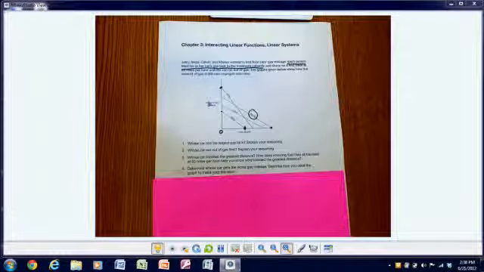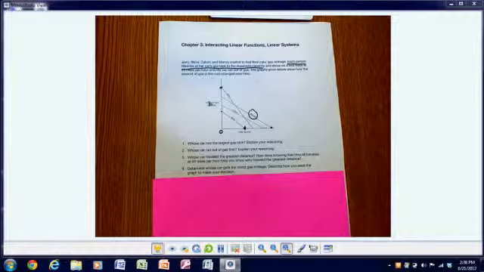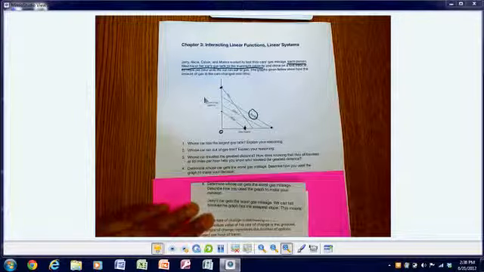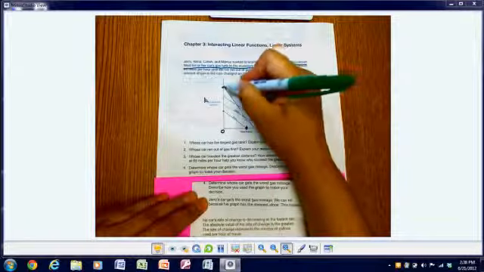Number 4, determine whose car gets the worst gas mileage and how do you know? Describe how you use the graph to make your decision. Well, Jerry's car is the one that gets the worst gas mileage. And we can tell this because his graph has the steepest slope right here.